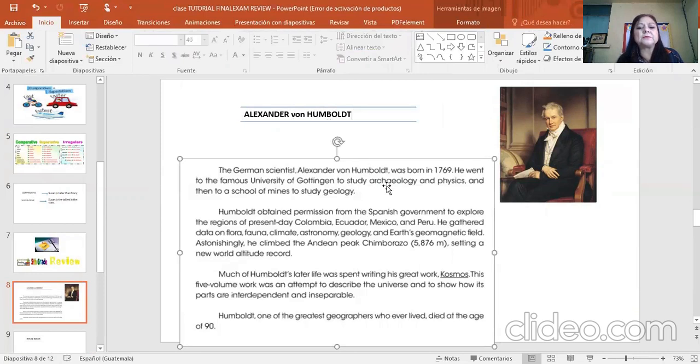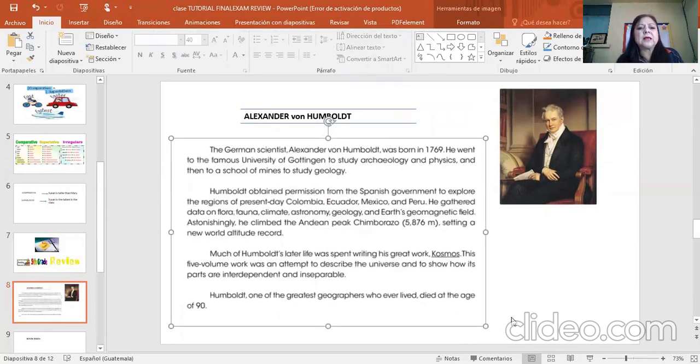This person is very important. The German scientist Alexander von Humboldt was born in 1769. You can underline that main information. He went to the famous University of Göttingen, so you can underline this very important information too, to study archaeology and physics, and then to School of Mines to study geology. You may underline to study geology as well.